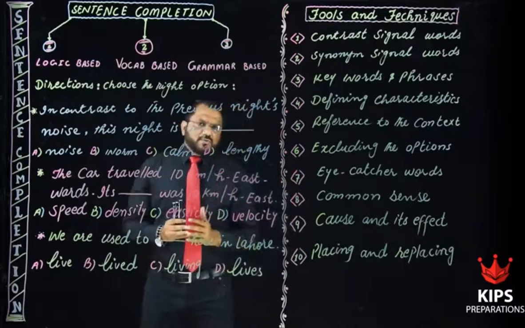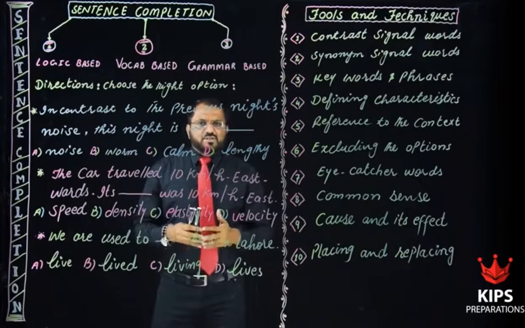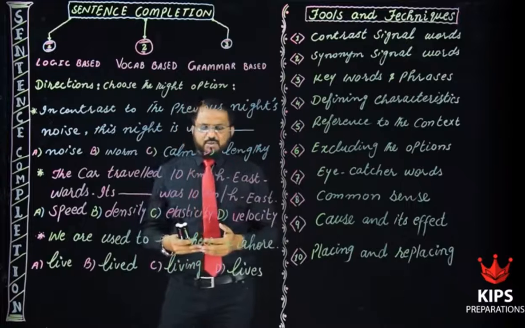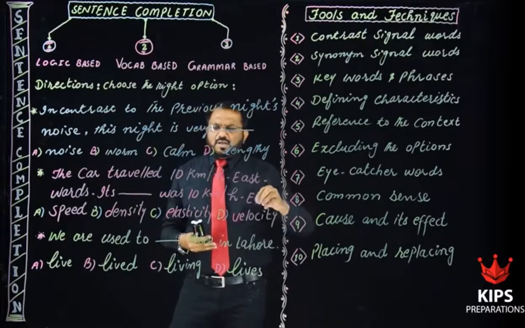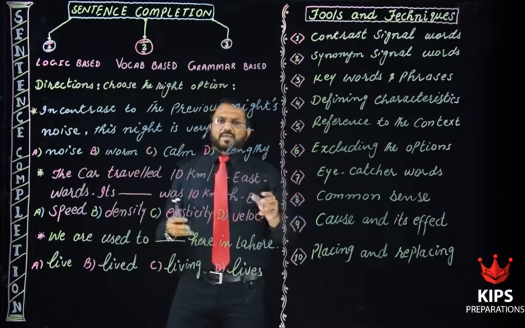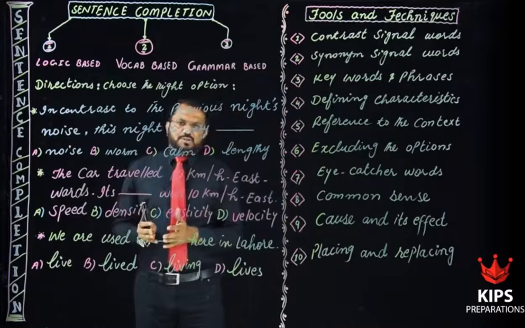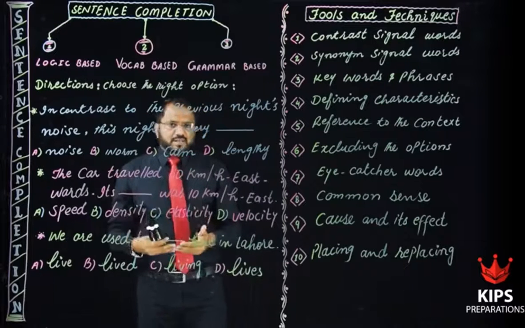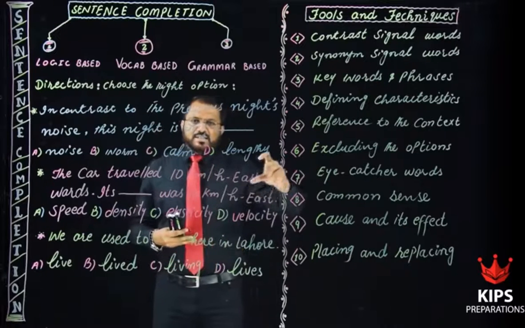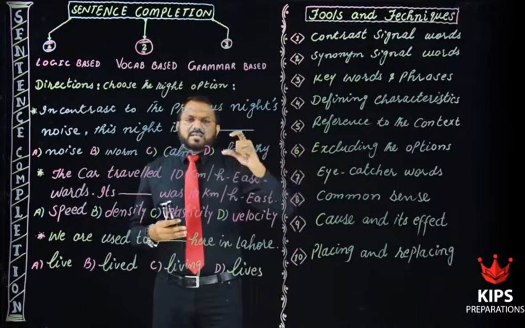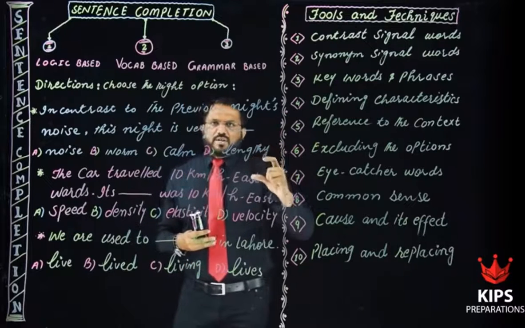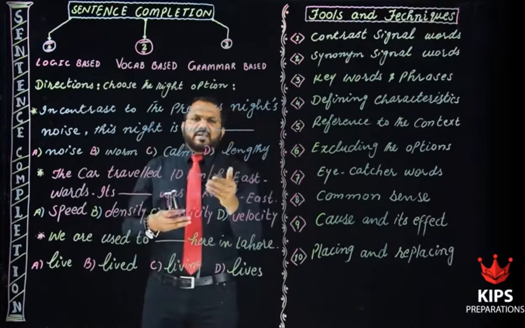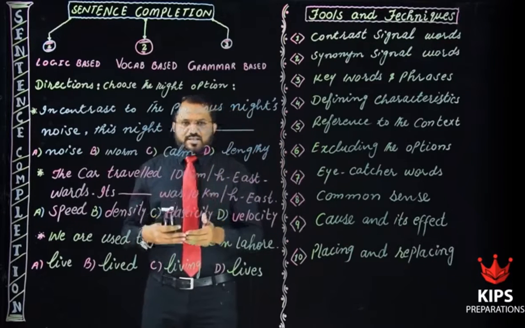The third type of sentence completion question is grammar-based sentence completion. The students are tested on grammatical rules and the format of the question, the way you have done in your intermediate sentence correction. But over here, a sentence is left blank at one place, and some grammatical concept is checked in this.